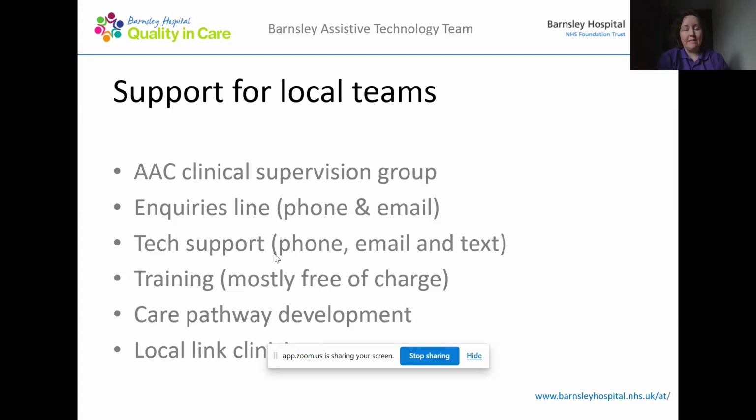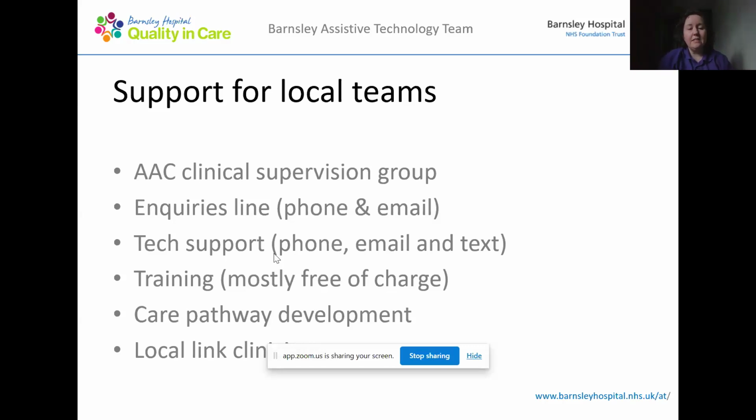That's just been sent out in the newsletter recently. So if anyone here is interested in that, I think it might be more for those involved in assessments. It's an opportunity to share cases and talk about that, and we supervise that.